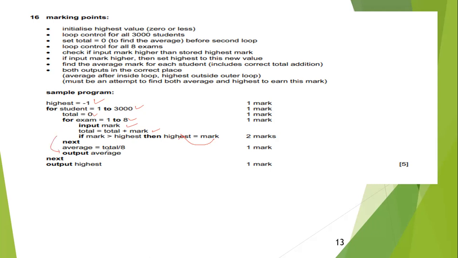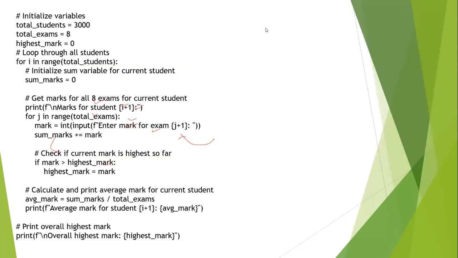It will calculate the average of the 8 exams of the first student and output the average. Then it will run for the required number of students, whatever limit we have set here. After completing all requirements, it will output the highest. Okay, you got that?